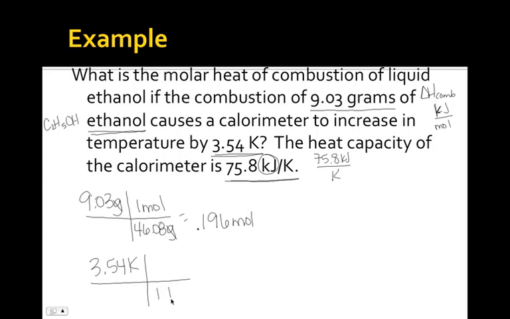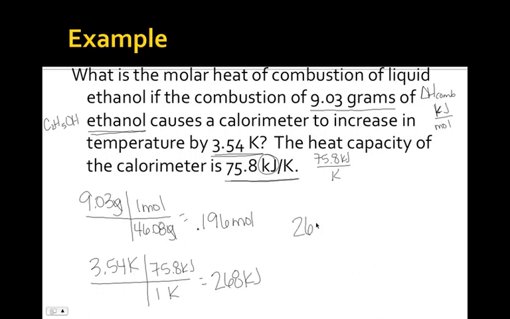And so for every 1 Kelvin, it's going to take 75.8 kilojoules of energy. So take these, multiply it together, 3.54 times 75.8, and you get 268 kilojoules. Now, this isn't my final answer. I need my final answer in the units of kilojoules per mole, so let's put these two numbers together in a way that I get these units.